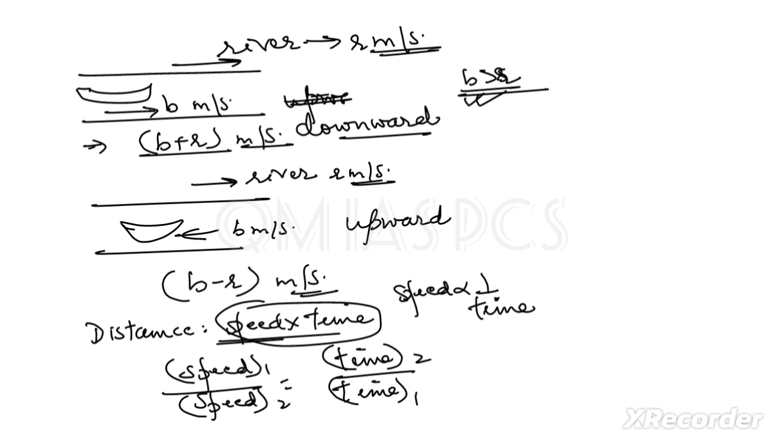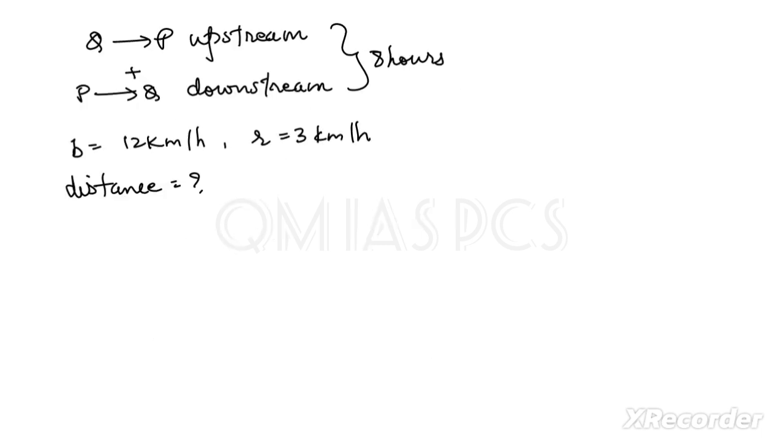Okay, now let's solve one numerical based on this, so that it will be clear. There is a simple question: a boat is moving from q to p, that is upstream, and from p to q, that is downstream. The boat moves from q to p and again returns, and the total time is 8 hours.